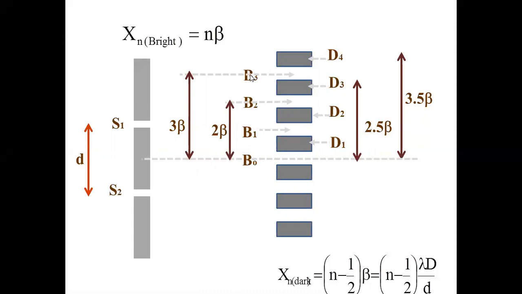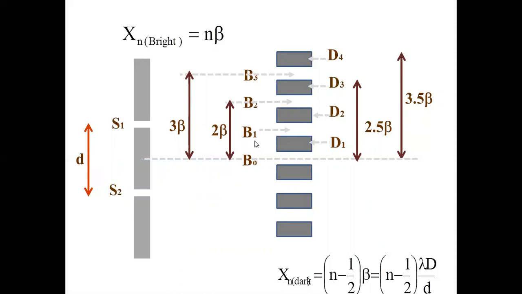Then how many betas is equal to that 1 centimeter? That is what I want to make very clear. What is beta? See, from the 0th bright fringe to the first, 1 beta, 2 beta, 3 beta. So 3 beta is 1 centimeter, beta is 1 by 3 centimeters. That's how you can do it.